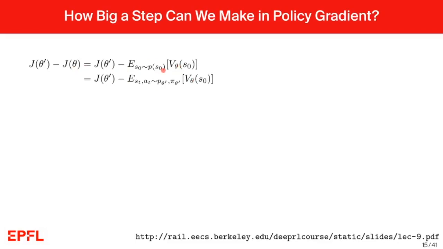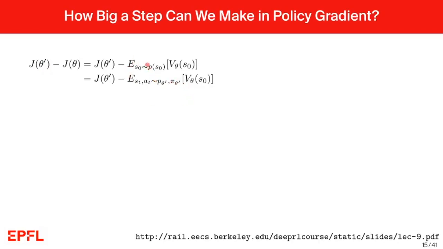And now I do something funny, which is I just add an averaging, an expectation over the full trajectory, but I take this expectation over the full trajectory when sampled with the new parameters. Now this doesn't change anything.